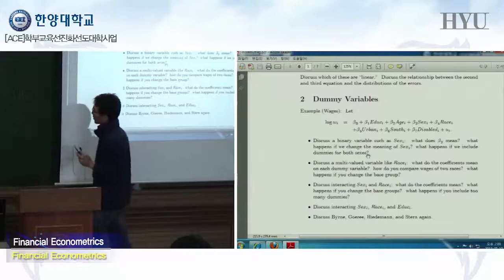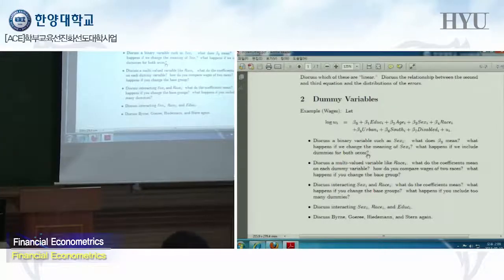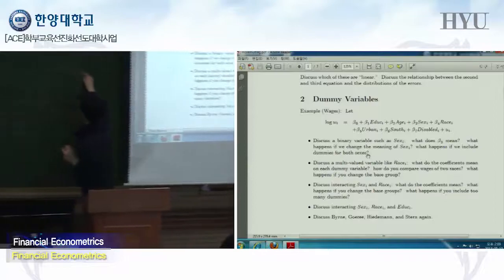Then the interpretation is that in this case, maybe we have in the PDF file beta 4b, beta 4y.